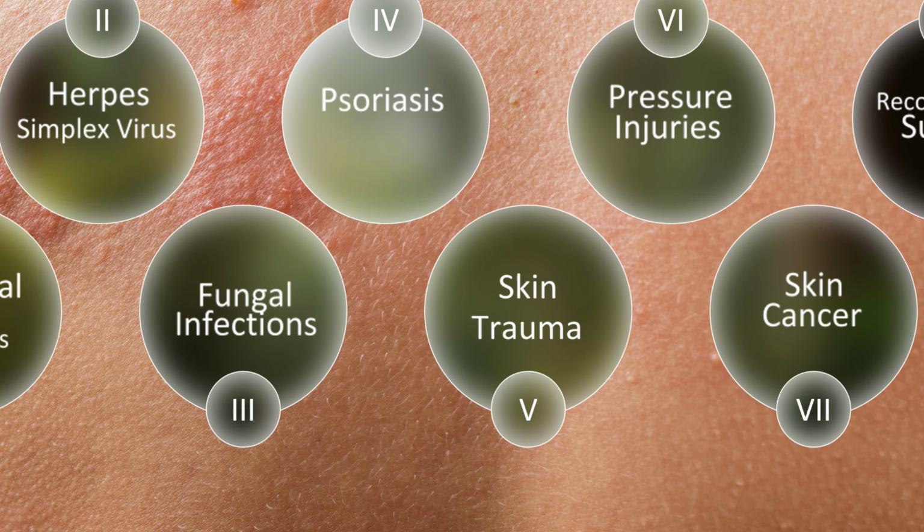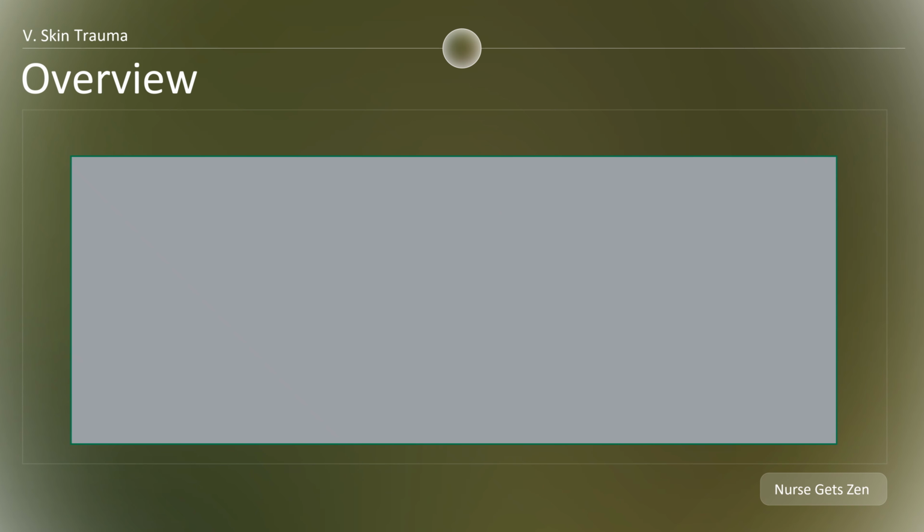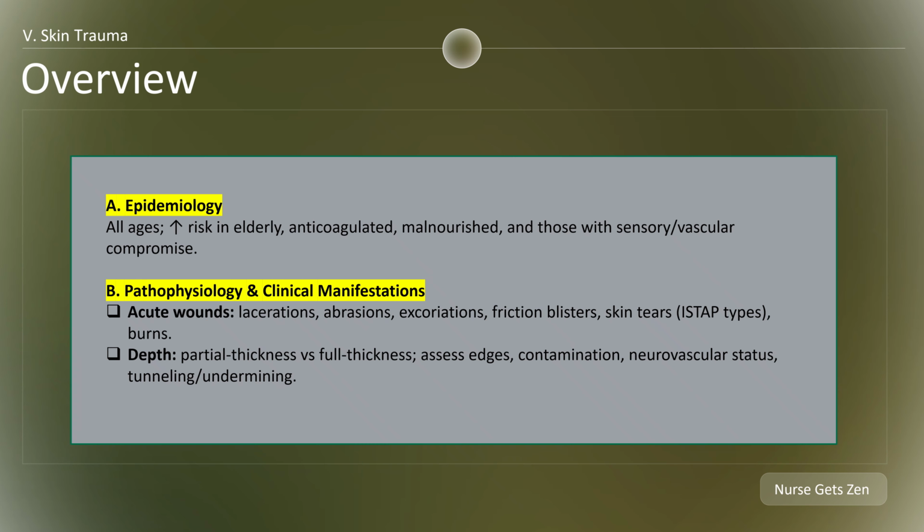Skin trauma. It occurs at all ages, with increase in elderly, anticoagulated patients, malnutrition, and those with sensory or vascular compromise. Traumatic injuries to the skin are the result of external sources and are classified as acute wounds.